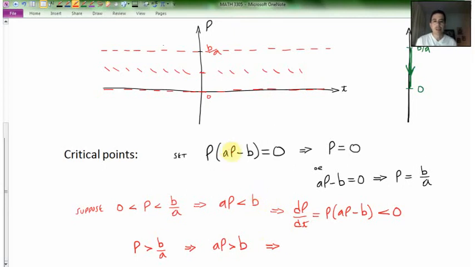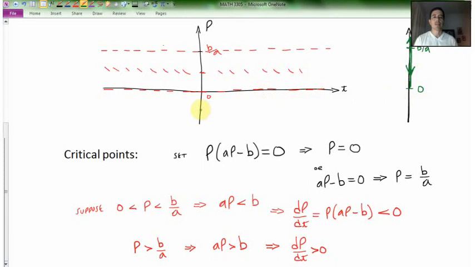So AP is greater than B, so this expression is positive, and P is also positive, so the whole thing is positive. So that means that here the derivatives are positive. So B over A is a critical point, and that's a repeller. We call it a repeller.